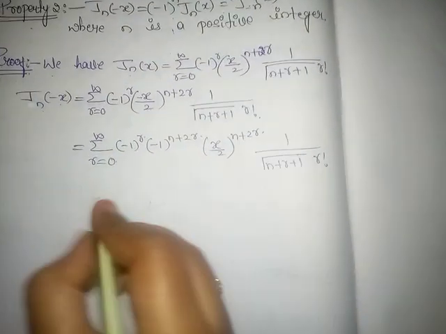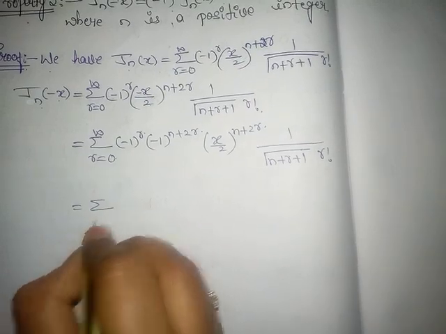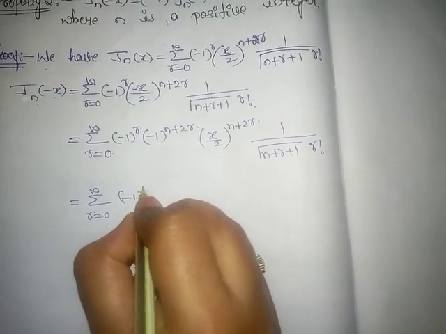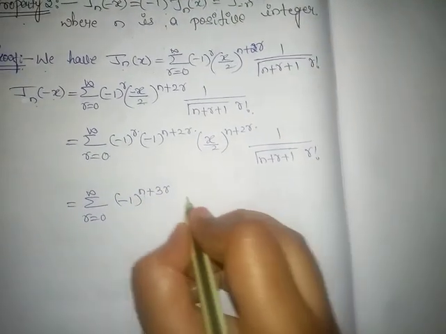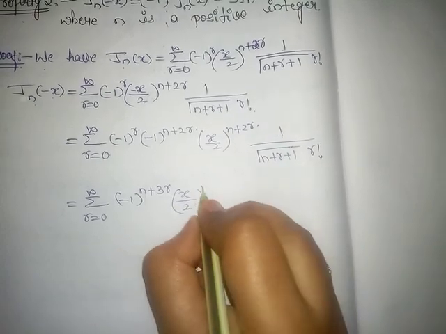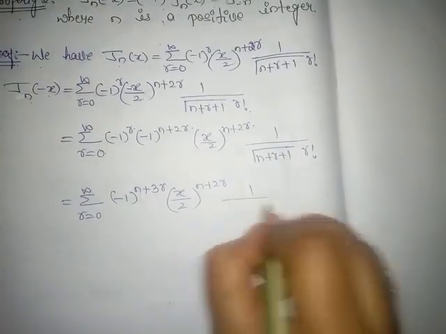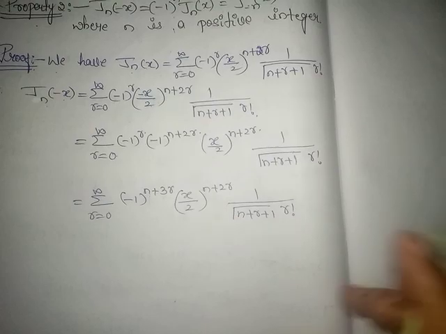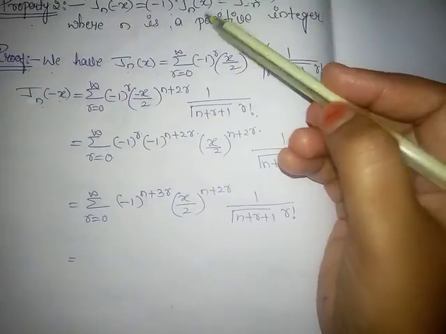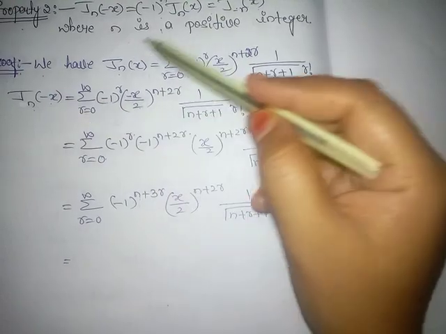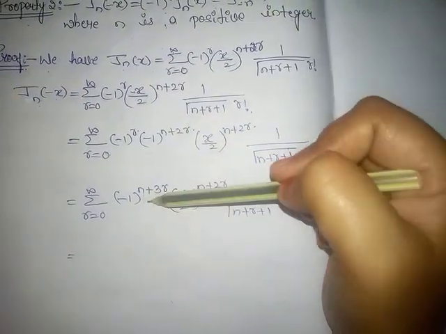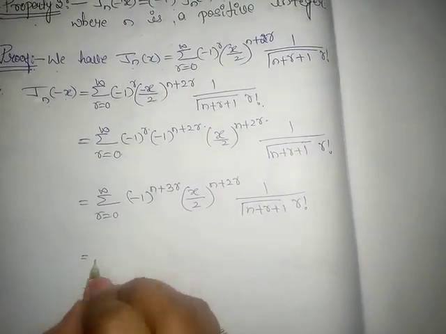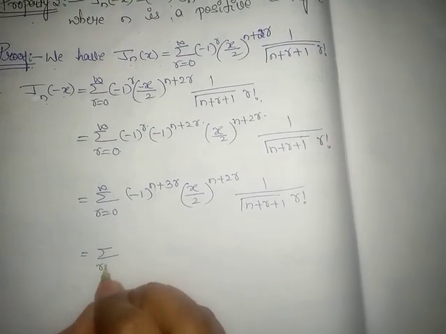Now add the powers of minus 1, which is equal to summation r running from 0 to infinity minus 1 raised to n plus 3r into x by 2 raised to n plus 2r, 1 divided by gamma of n plus r plus 1 into r factorial as it is. Here we have to prove Jn of minus x is equal to this one. From this we can take minus 1 raised to n outside the summation. Before that I will split here also.